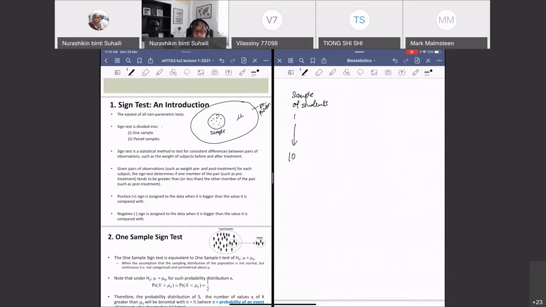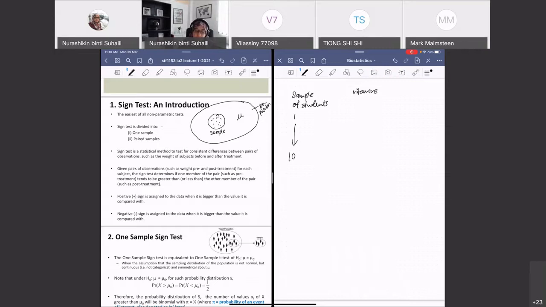We give them vitamins, and we look at the effects of the vitamins on their study performance.